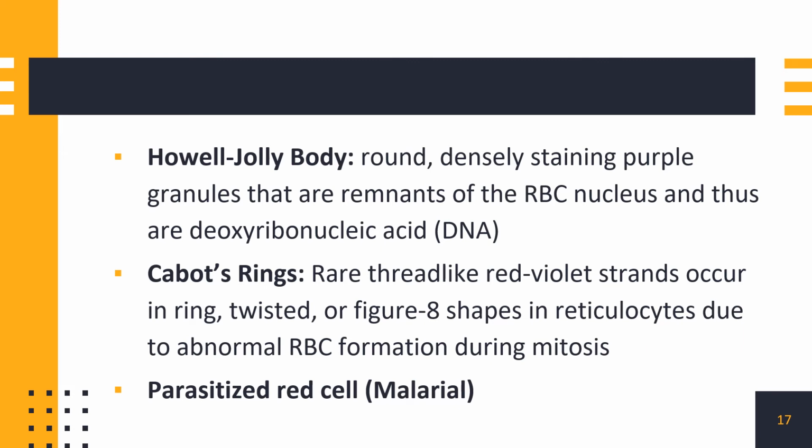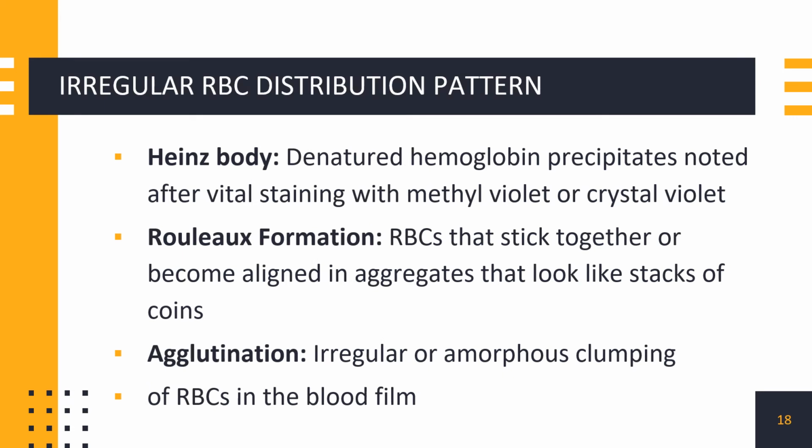Parasites can also invade RBCs, and an example of a parasitic organism is the malaria. Heinz bodies are denatured hemoglobin precipitates noted after vital staining with a methyl violet or crystal violet.